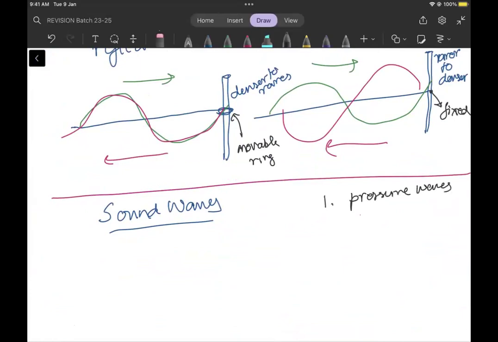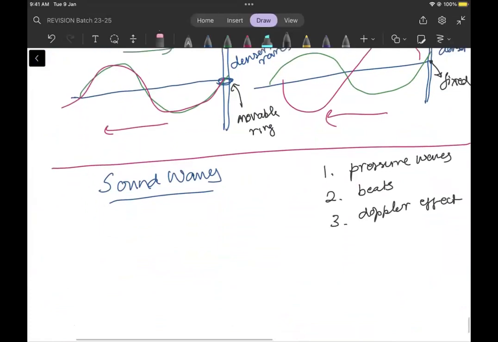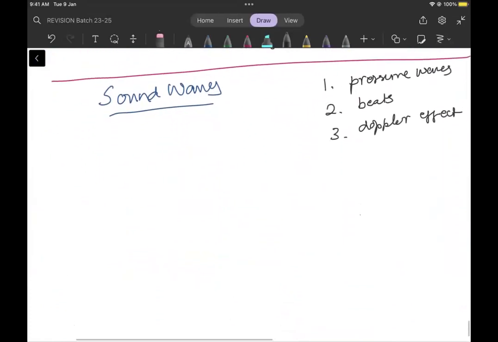Okay. Second thing that will be added will be the concept of beats. Third thing that will be added is the concept of Doppler effect. So let's quickly go through this.